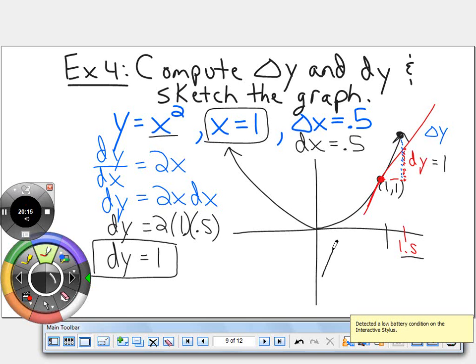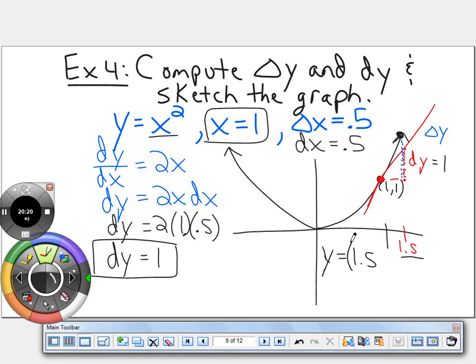So we'd say y equals 1.5, and we would have to square it. So 1.5 squared, what is that? That should be 2.25. So we can compare that with what we had when we plugged in a 1, because we're basically seeing what the difference is in the distance here.